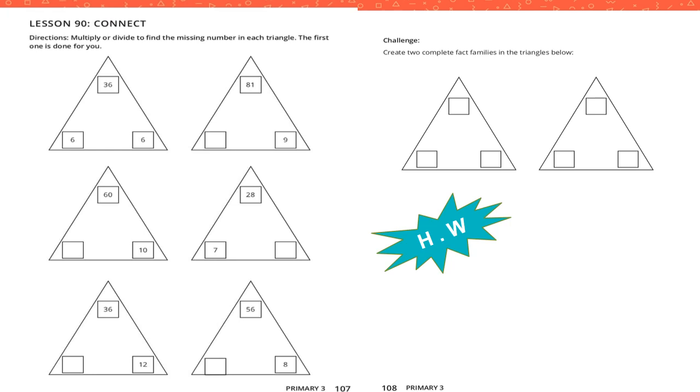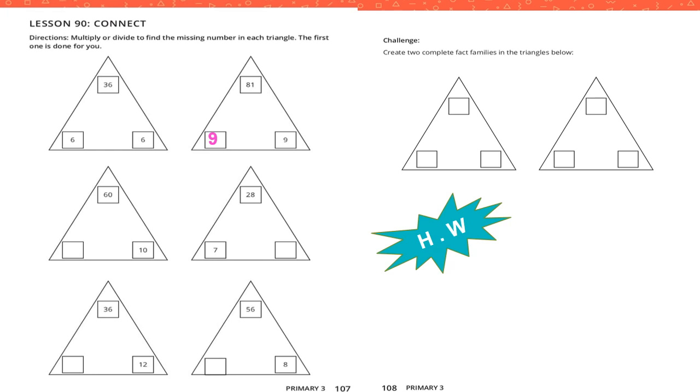We want to get the missing number on the other side. What shall we do? I will ask you a question. 9 times what equals 81? Yes, 9 times 9 to get the biggest number, 81. So 9 times 9 equals 81.